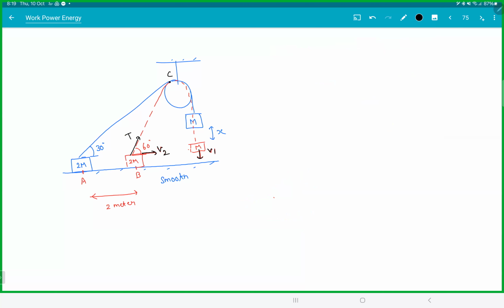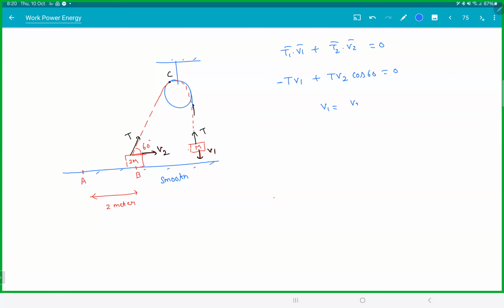Tension in the string is T, tension in the string is T. We know from the power method, T1 bar dot V1 bar plus T2 bar dot V2 bar is 0. So we have minus T V1 plus T V2 cos 60 is 0. So V1 is V2 by 2. Both don't have the same velocity.